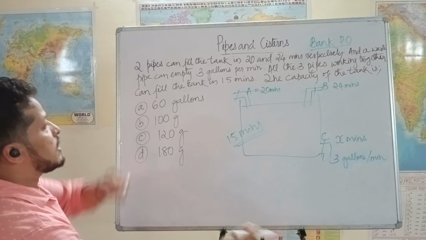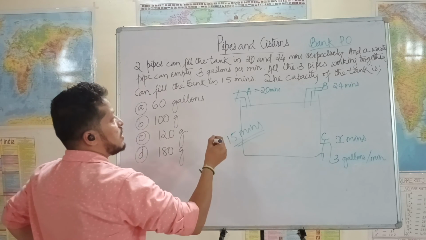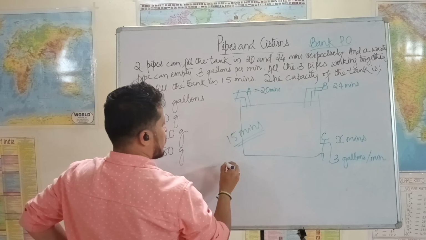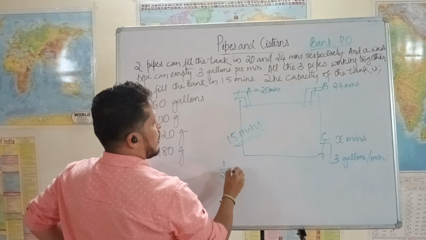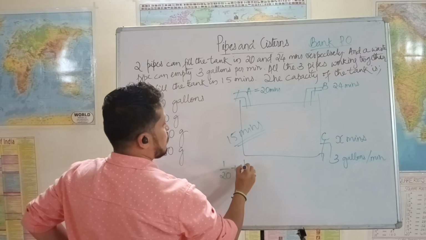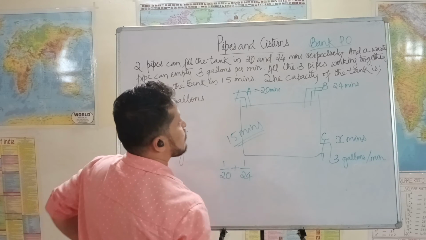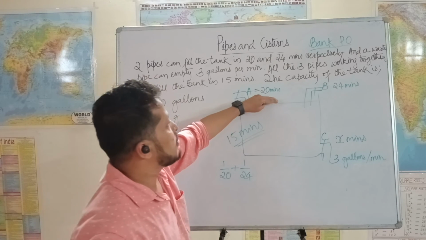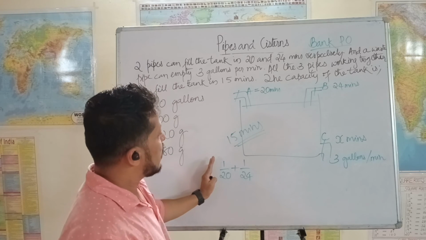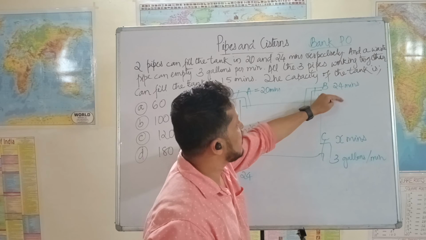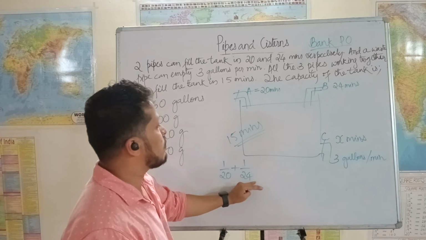First let's see the efficiency of A. A's efficiency is 1 by 20 and B's efficiency is 1 by 24. That means A can fill the entire tank in 20 minutes, so every minute it fills 1/20th of the tank. Similarly, pipe B fills 1 by 24th of the tank every minute.